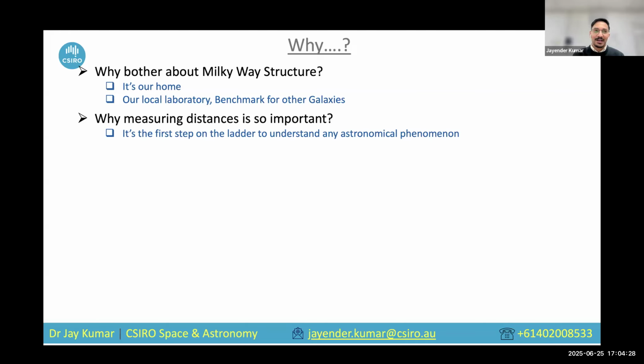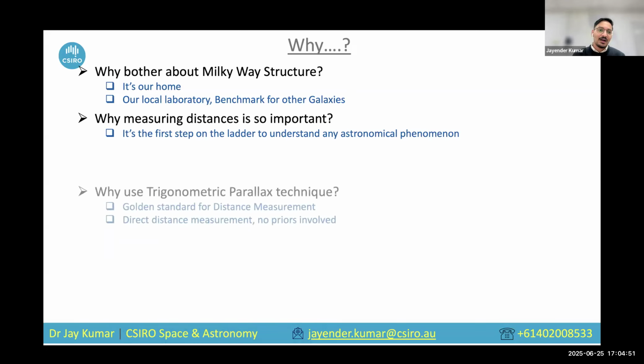I read one very awesome line somewhere: what's the difference between astronomy and astrophysics? Astronomy is knowing the distance to the phenomenon that you are studying. In very simple terms, that separates astronomy and astrophysics. So distances become very important.